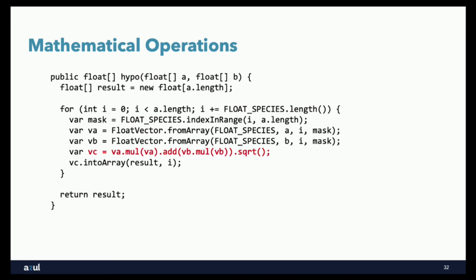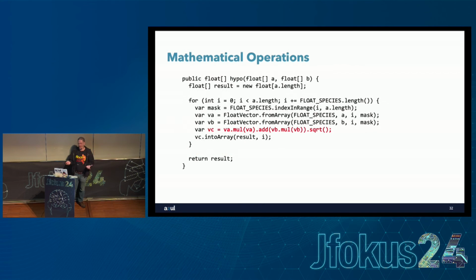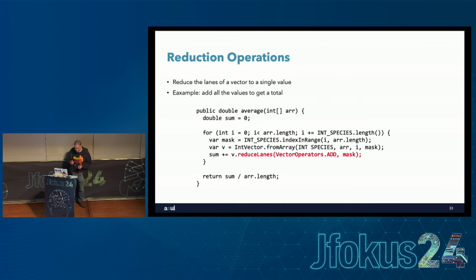Then we add vb multiplied by vb, b squared, and then we take the square root of the result, and that gives us our result for the length of the hypotenuse. So again, it's really up to us what we want to do in terms of making things as simple or as complicated as we like.